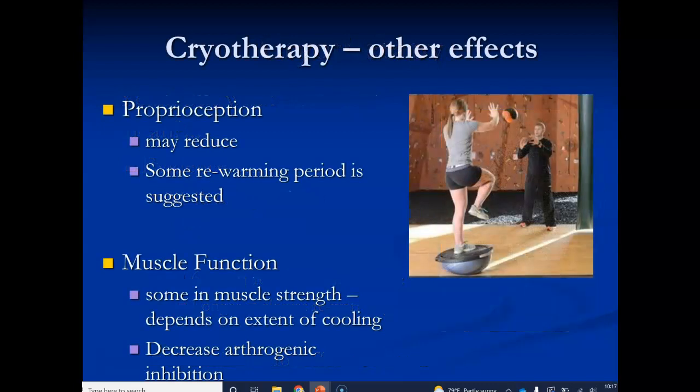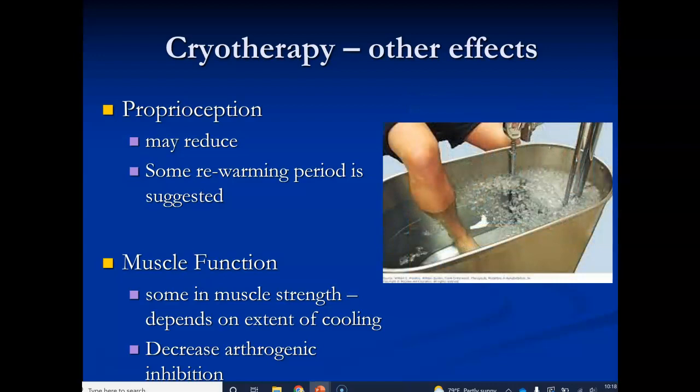We'll also talk about proprioception and muscle function after cryotherapy, and what a cryotherapy treatment does to both of those. Again, those are good areas of research as you search evidence and ask, how badly does cryotherapy affect proprioception and muscle function? What does that do, and why are we doing some of the things that we do?